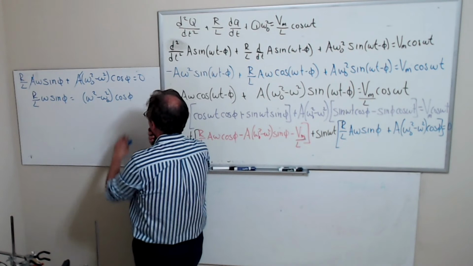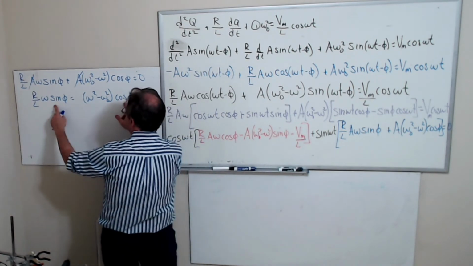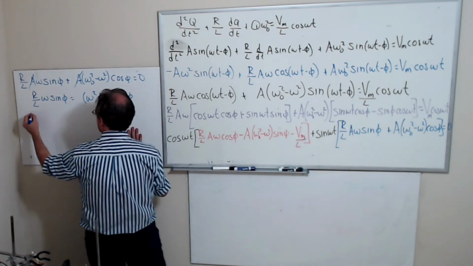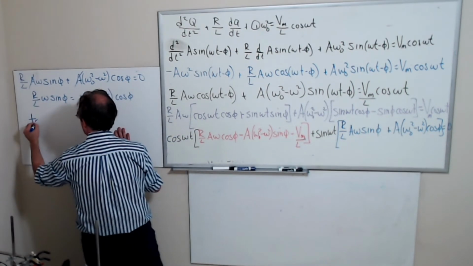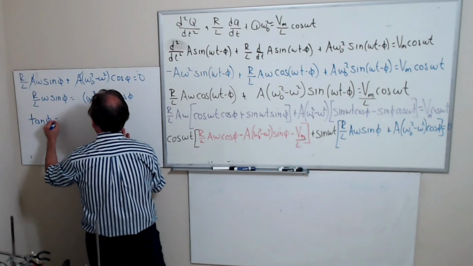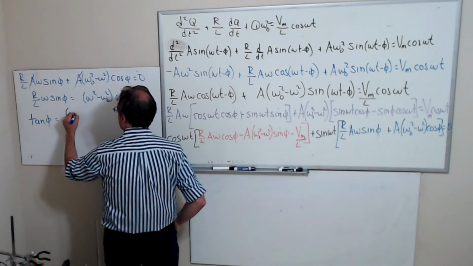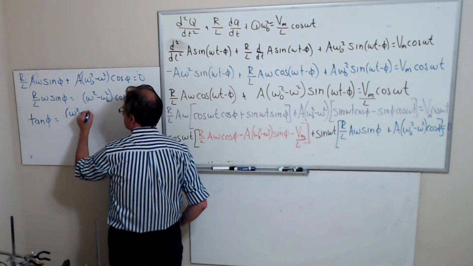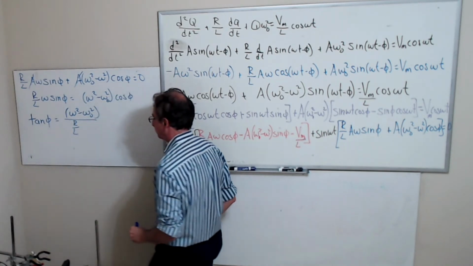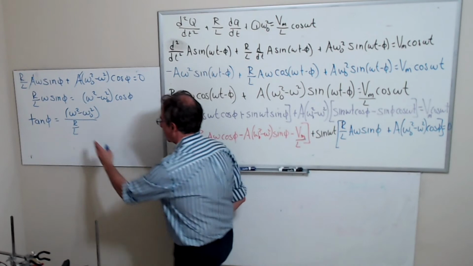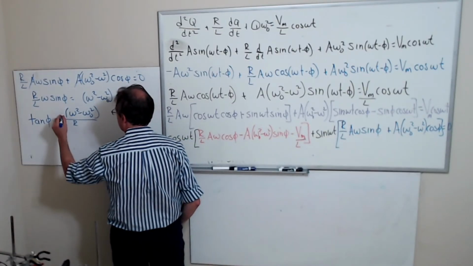And so what I'm going to do is divide both sides by cosine of theta. So sine over cosine is tangent, not theta, but phi. Sine over cosine gives me tangent. And then I'm going to get omega squared minus omega naught squared over r over L. But this L will end up on top.